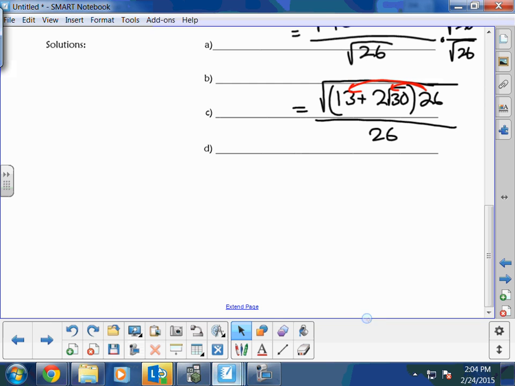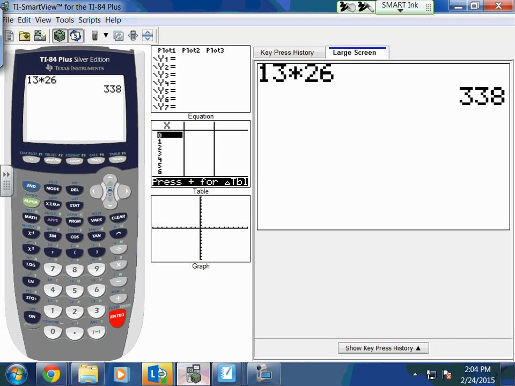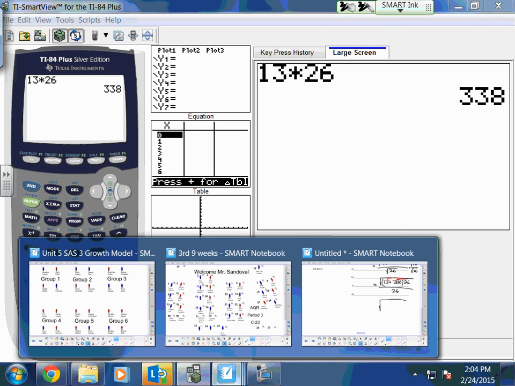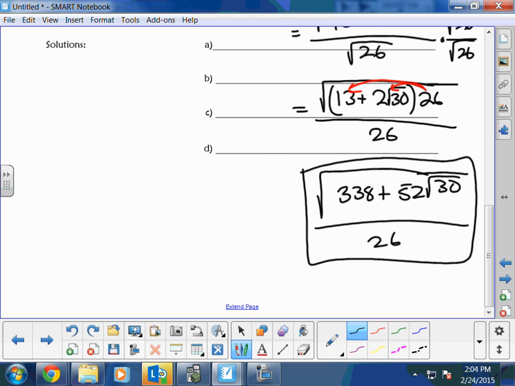Which means I'm going to have 338 plus 52, which is 2 times 26, square root of 30, over 26. So this will be the answer for C.